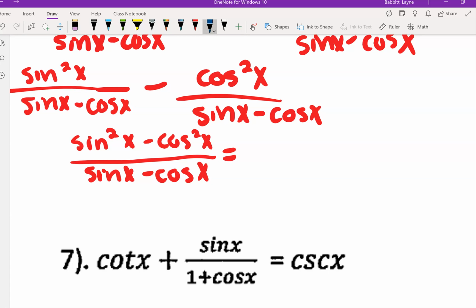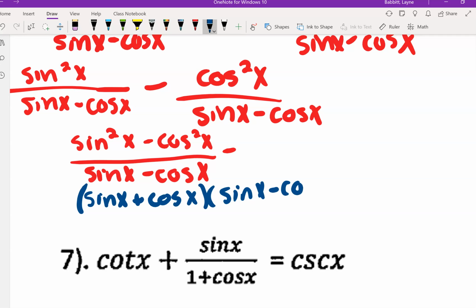So it's going to factor to the square root of sine squared x, which is just sine x. Actually, I should put this below just to stay a little more organized. It'll be sine x plus cosine x times sine x minus cosine x. Remember, difference of perfect squares.